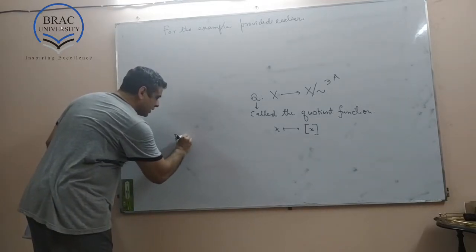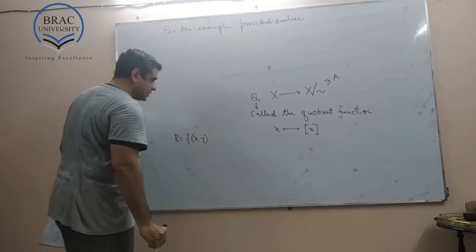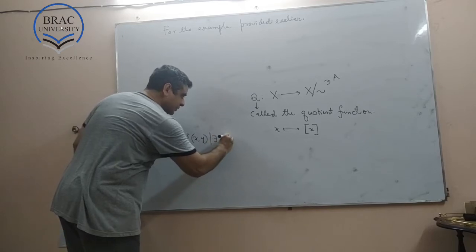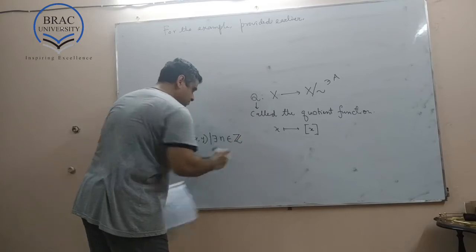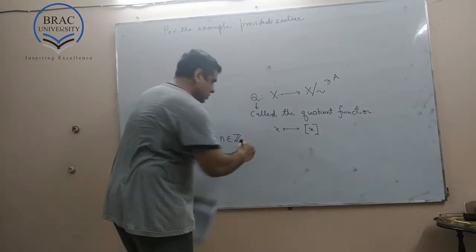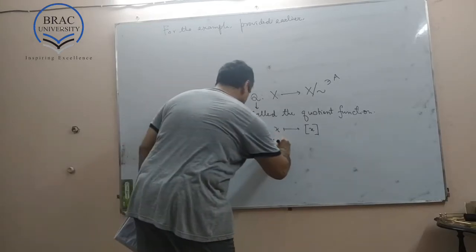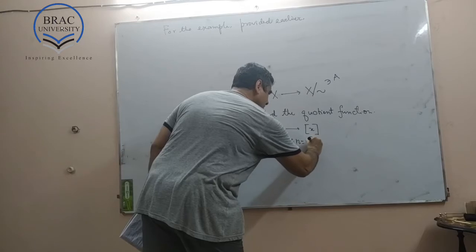R was the collection of all the ordered pairs for which there exists an integer n such that x plus 7n is equal to y.